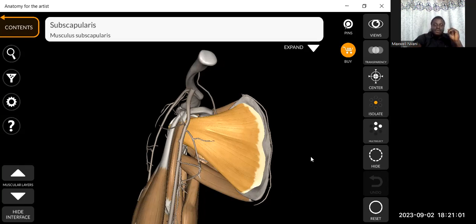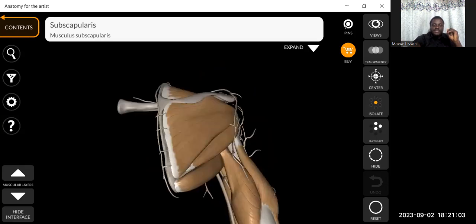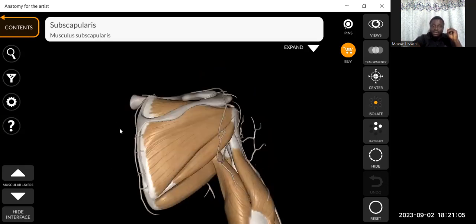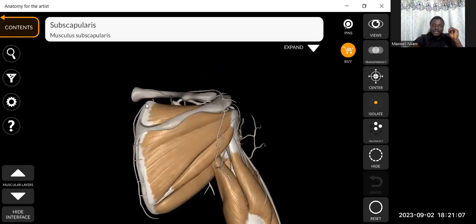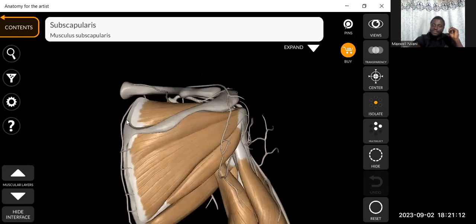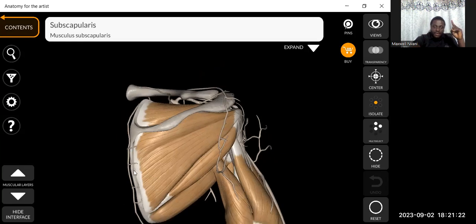Now, on the posterior surface, along the same medial border, but on the dorsal posterior aspect, all the way from the superior angle to the root of the spine, we have levator scapulae. While at the root of the spine, we have rhomboid minor, and then from the root of the spine all the way down to the inferior angle, we have rhomboid major.